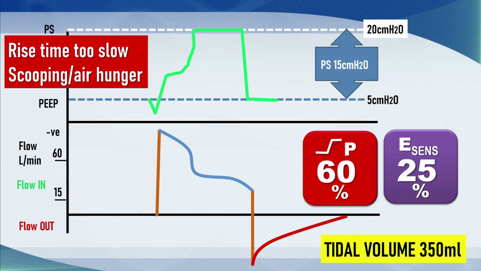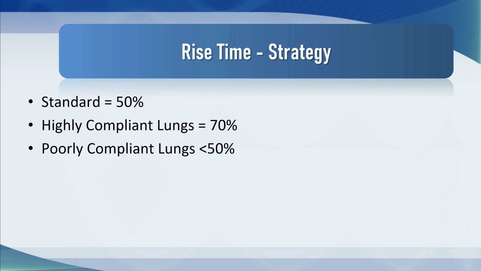So that's an idea of what to look for if you think there's a problem with that initial rise time. In most patients, and if you just work a little bit further when you're looking at diseased lungs, in general, the standard rise time is 50%. If the lungs are highly compliant, you can give a much higher flow initially.